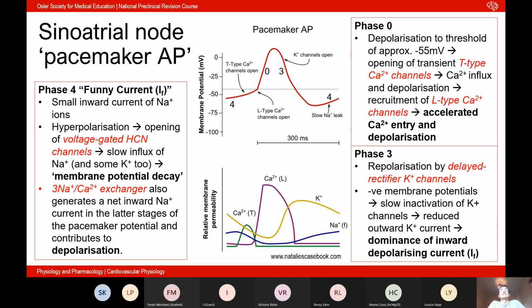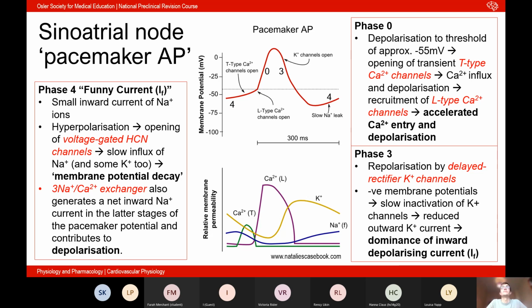So what it means is that instead of having that flat resting potential that is determined solely by potassium, you get this slow influx of sodium, which causes the membrane potential to slowly depolarize, or decay as it can be called. It's also helped by exchange channels and pumps as well, but really it's the HCN channel that's important.